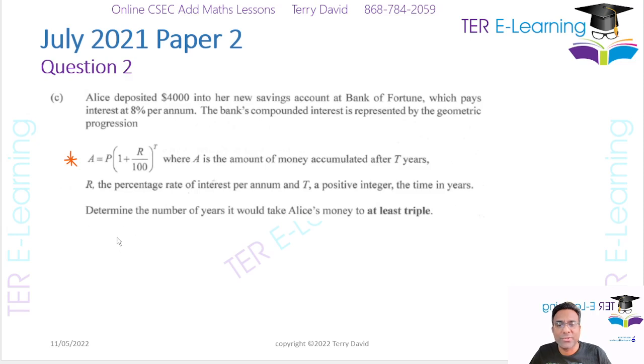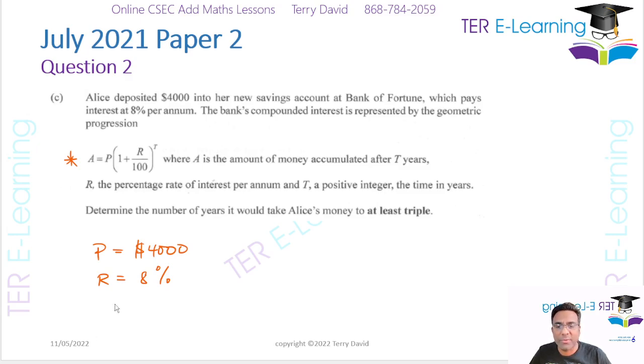So her principal, that's the money she deposited in the bank, is 4,000. The rate, R, is equal to 8%. And they want her money to at least triple. When they say at least triple, the amount of money that she should have in the bank should be 3 times that amount.